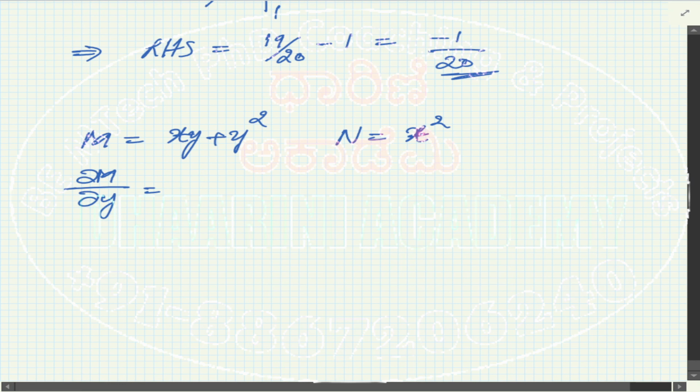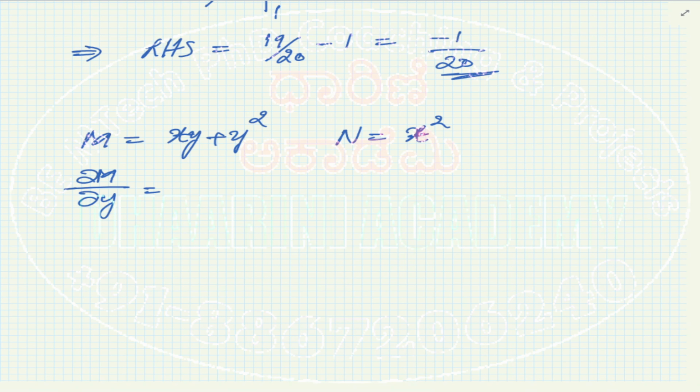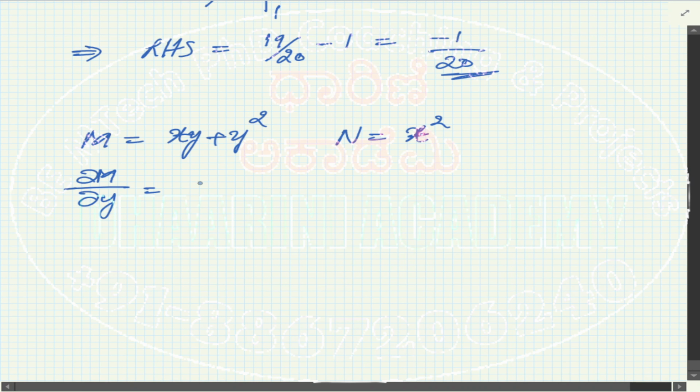So dou M by dou y is equal to x plus 2y. Dou N by dou x is equal to 2x.